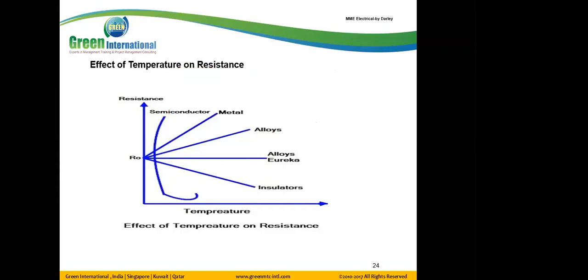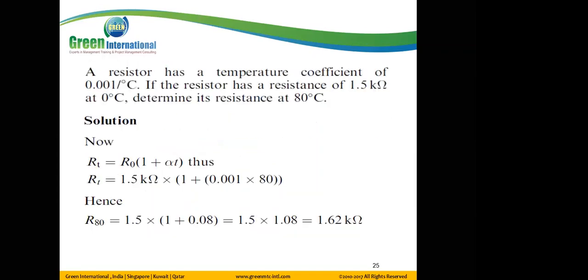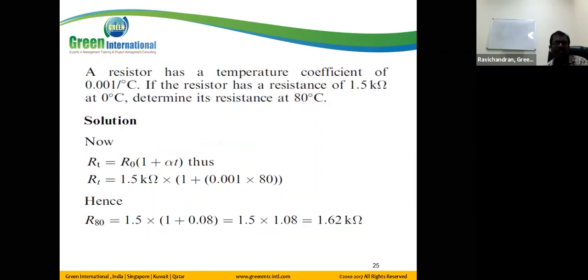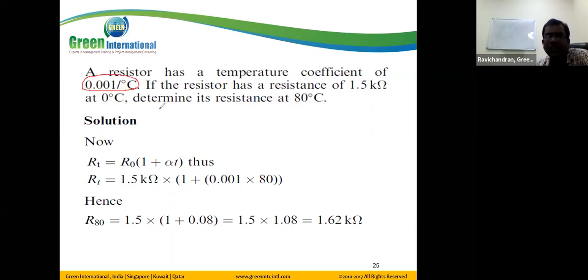Here, read the question paper with the question. A resistance having a temperature coefficient alpha naught of 0.001 is given.